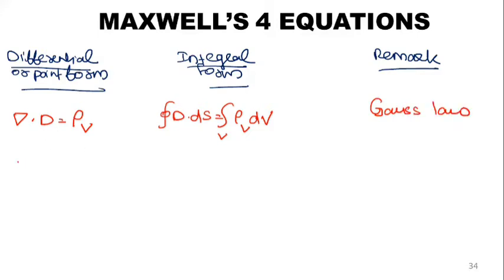Then we just now studied that del dot B is equal to 0. That is integral B dot ds is equal to 0. So what does that say? I explained to you now. So I think you might have studied all these things. Isolated magnetic poles do not exist. That means magnetic monopoles do not exist.